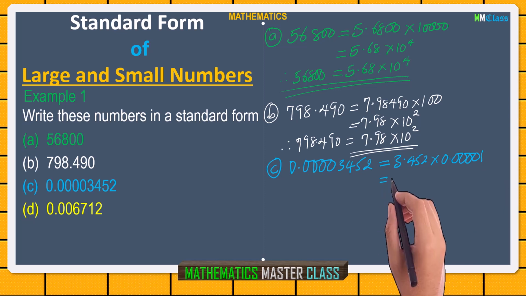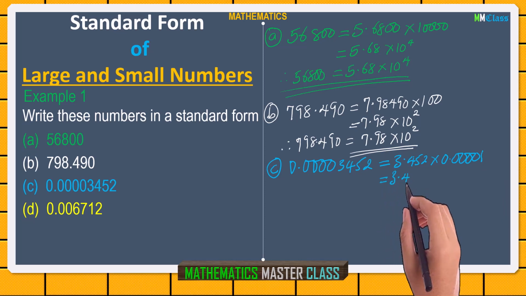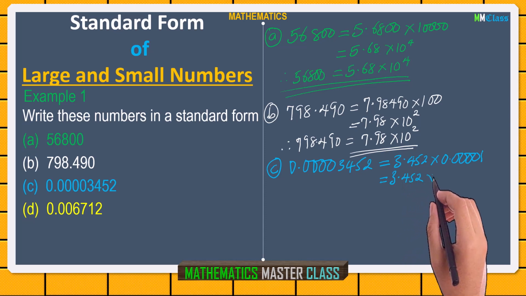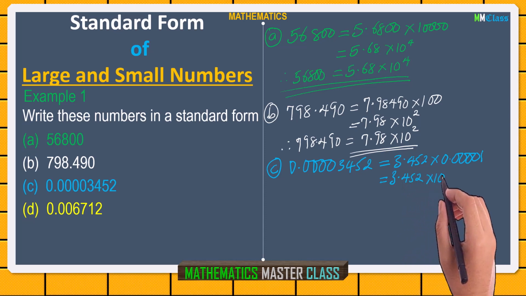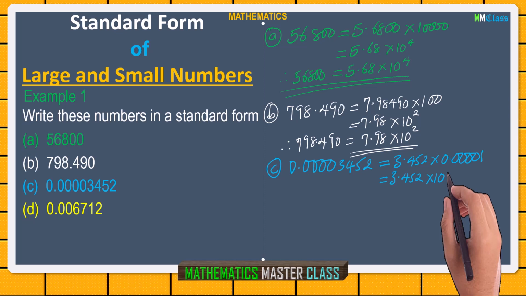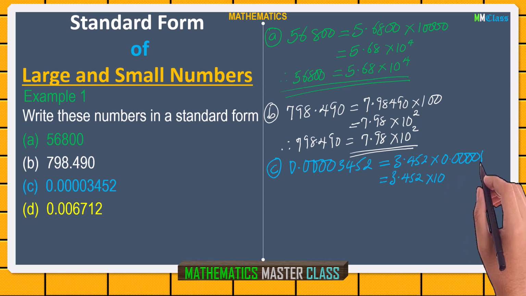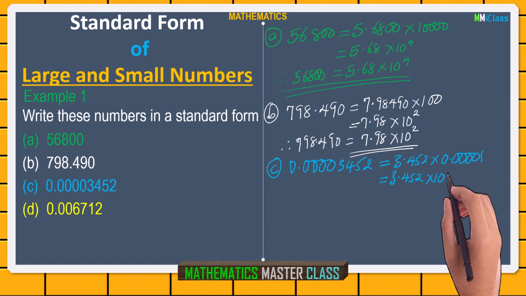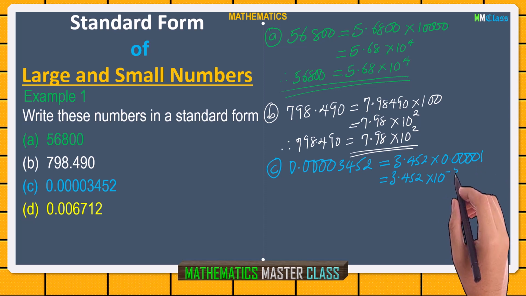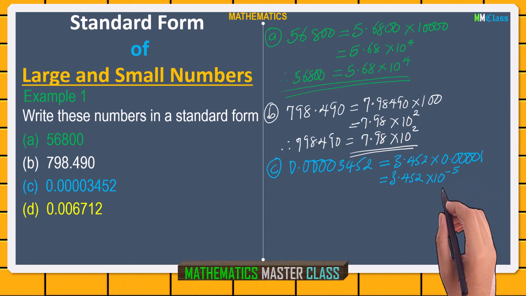So this will now be equal to 3.452 times 10 raised to the power of, this time around it is going to be minus, because the zeros are coming before a significant number of 1. So we have minus 5 as the power of 10.